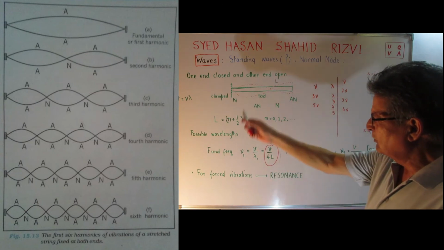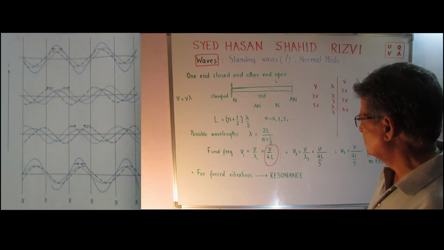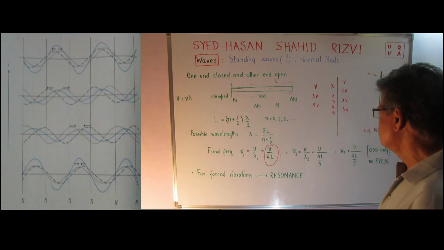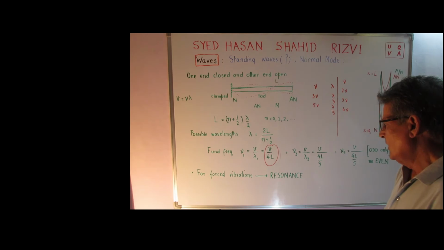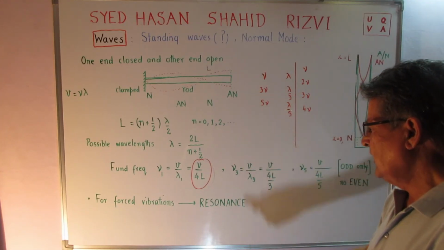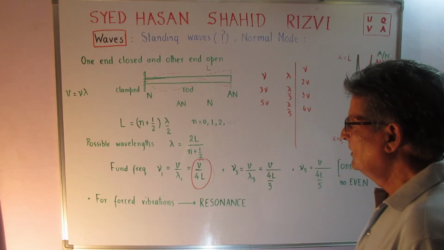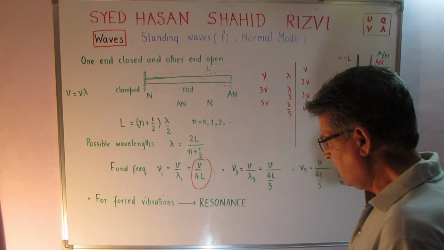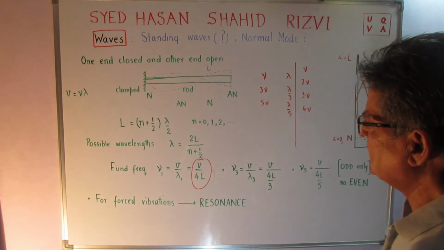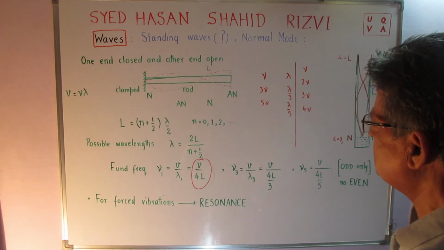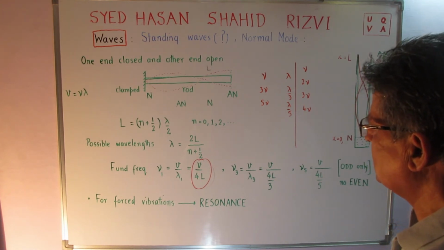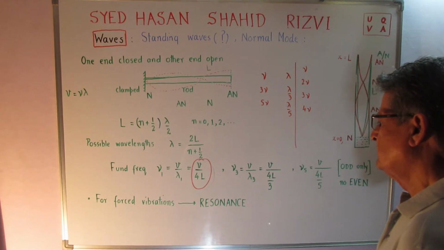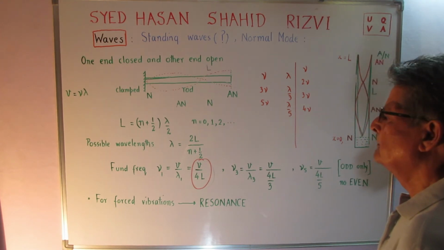You can have a look at that and further your studies all by yourself. So we have odd harmonics in this case and all harmonics, both even and odd, are possible when both the sides are clamped or both the sides are open. So this is what we have obtained.